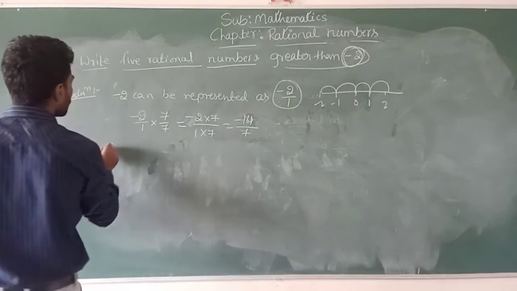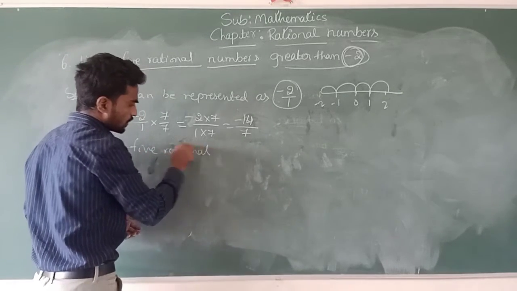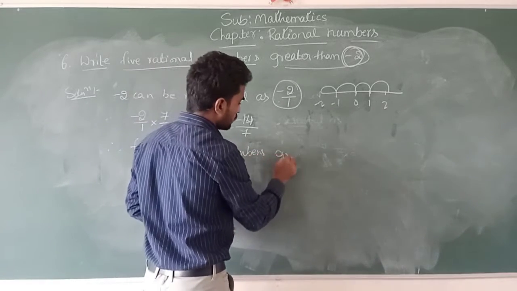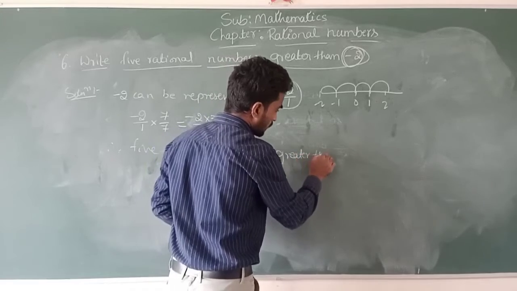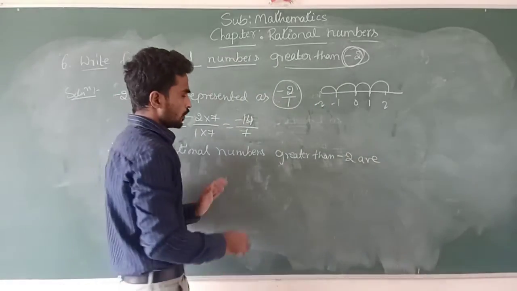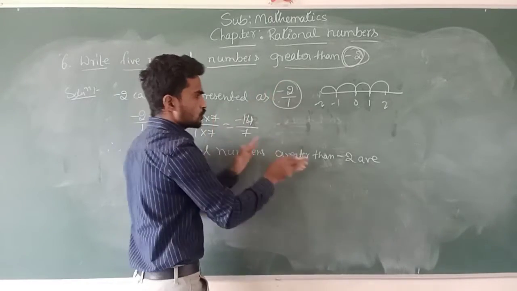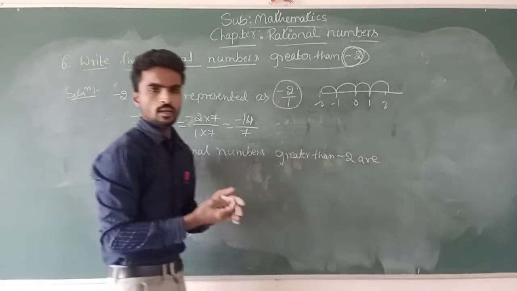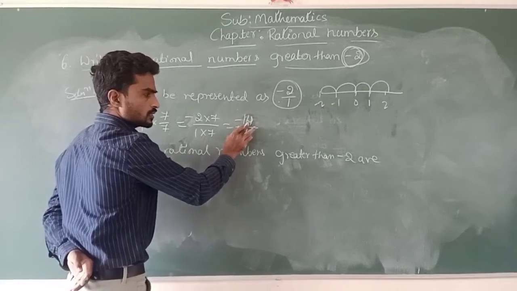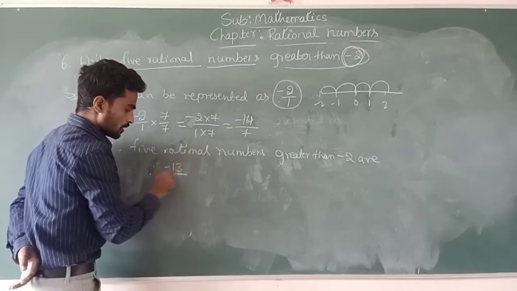Now therefore 5 rational numbers greater than -2 are: if we want to write the numbers greater than this -2, we go to right side of the number line. Here -14 is there. The number greater than -14 is -13.